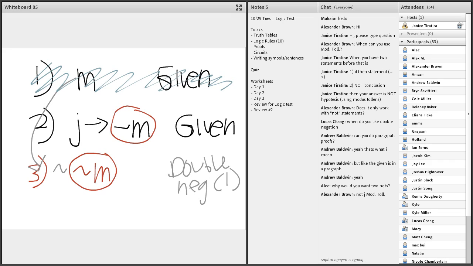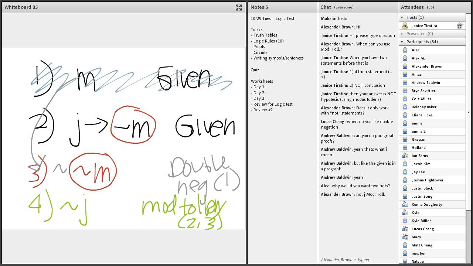If you notice, step 2 has that little gray not in front and is the opposite of the conclusion. So therefore, my answer using modus tollens is the opposite of the first part, so literally not J. So that is modus tollens using steps 2 and 3. That's when double negation comes in handy. That's when you want those two nots.